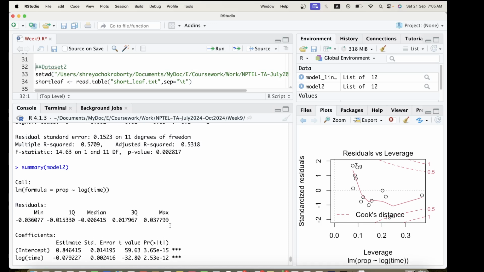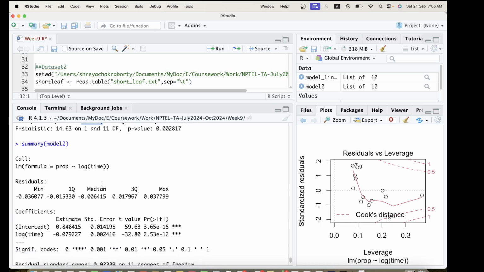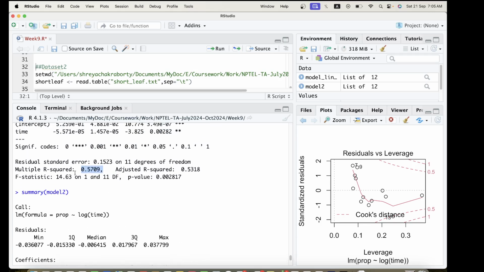Since the number of regressors remains fixed at 1, instead of comparing adjusted R square, we could also compare these multiple R square values. So this is actually 57%.